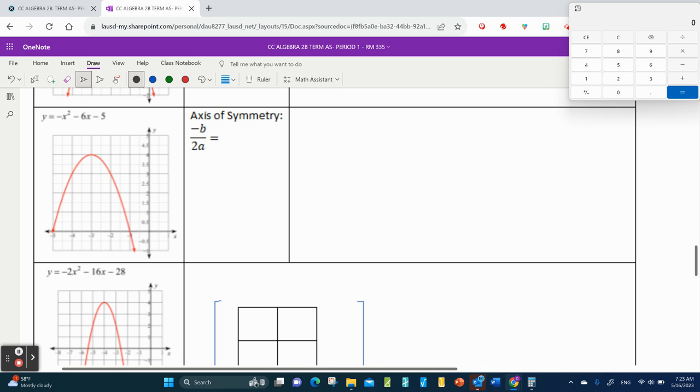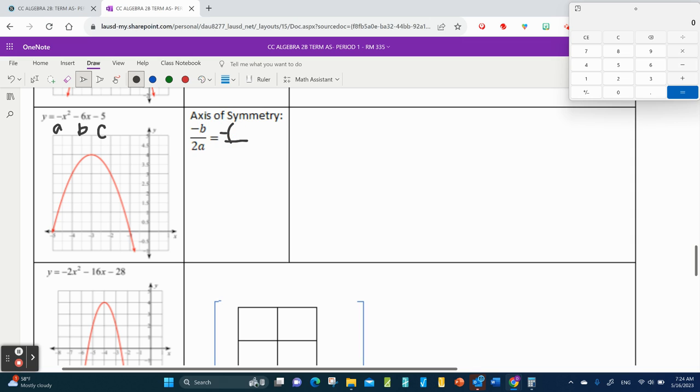The first thing I want you to notice about the first question here for axis of symmetry is that I have to label this as A, B, and C. I know A is -1, B is -6, C is -5. So I come over here and I rewrite this now as a fraction. It'll be negative because it's already negative.